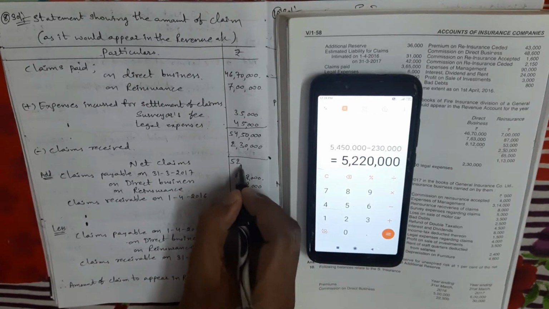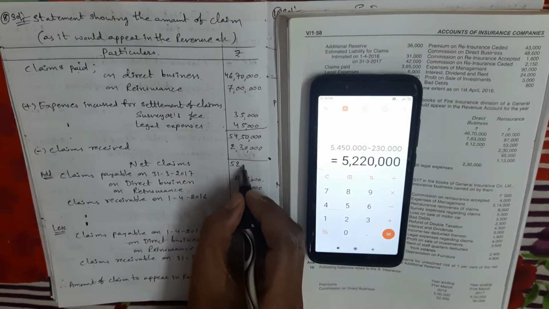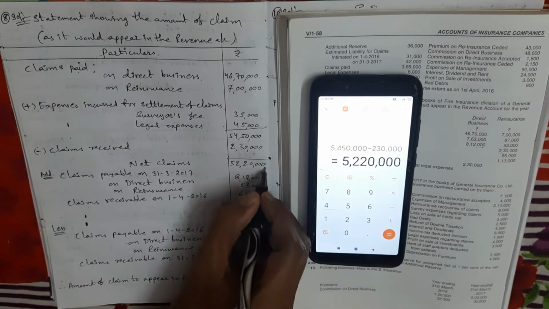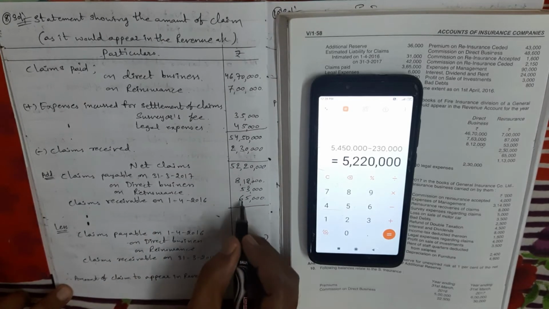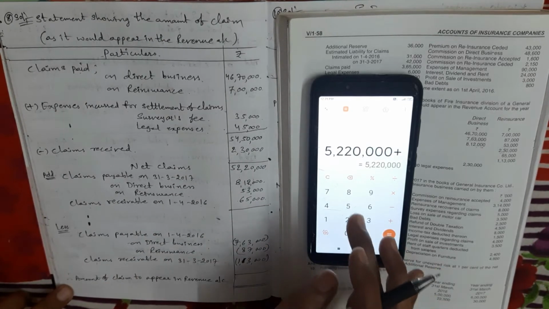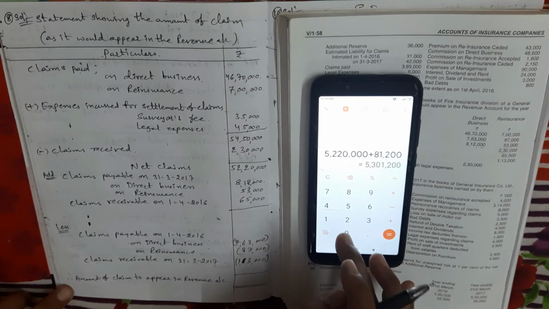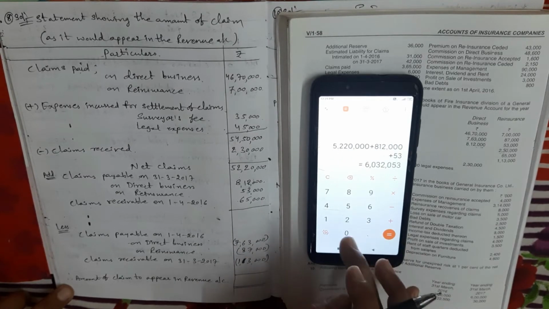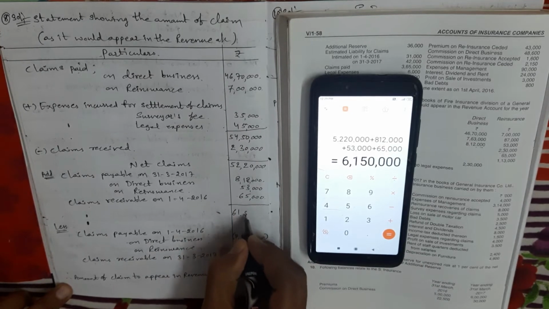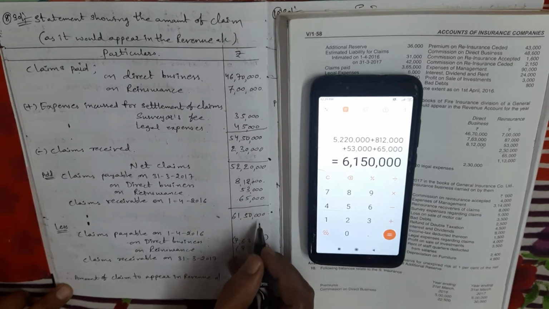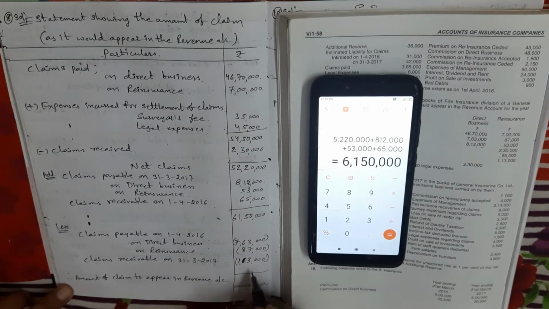The balance is called net claims. What is the net claims amount? 52 lakhs 20,000. Okay. So to this amount we adjust, when we add these three amounts, plus 8 lakhs 12,000 plus 53,000 plus 65,000, total 61 lakhs 50,000. So from this amount we deduct the last three amounts.